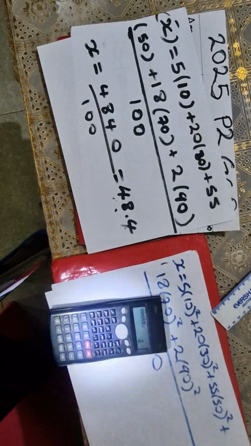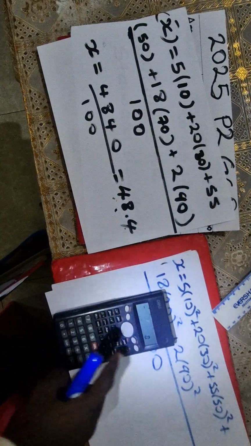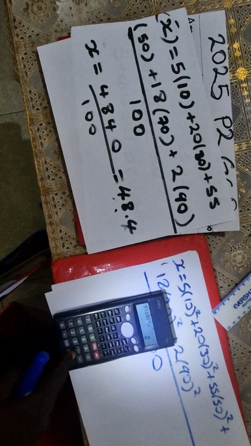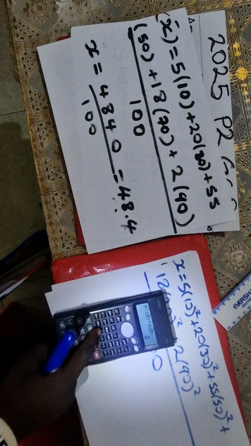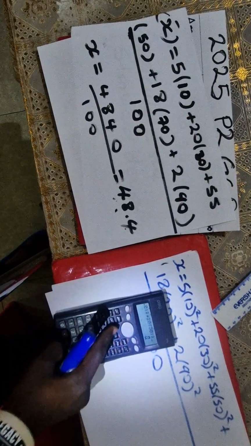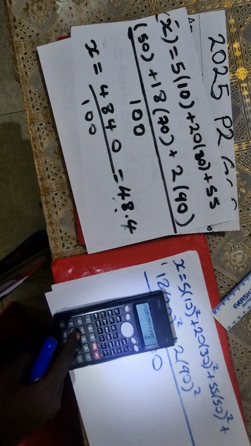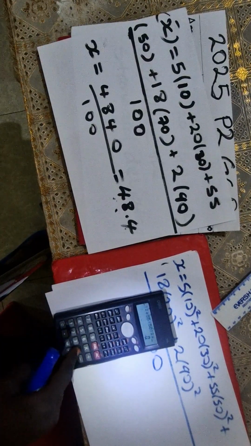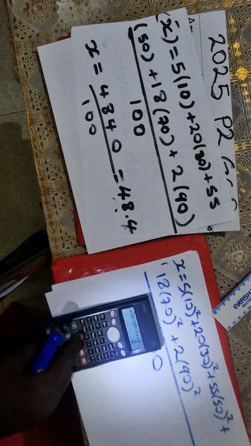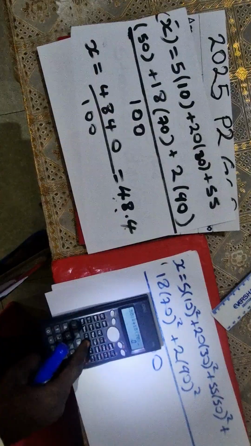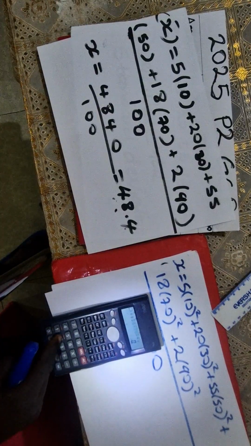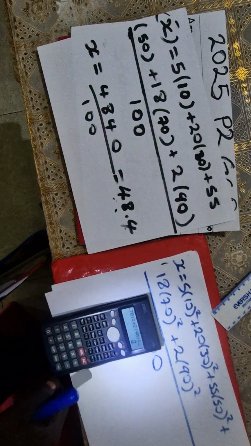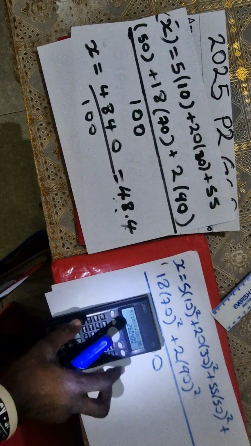Let me add a bit of light for you to be able to see. 5 open bracket times 10 to the power 2 plus 20 open bracket 30 to the power 2 plus 55 open bracket 50 to the power 2 plus 18 open bracket 70 to the power 2 plus 2 open bracket 90 to the power 2. I do equals now.